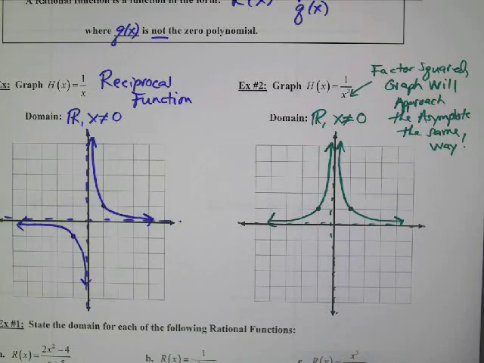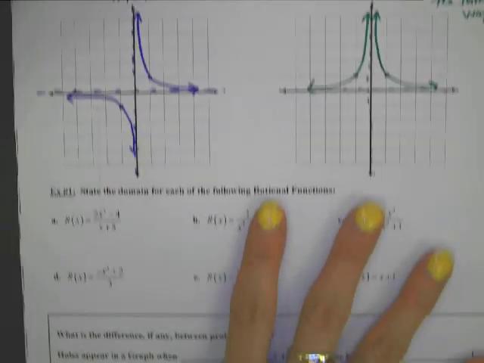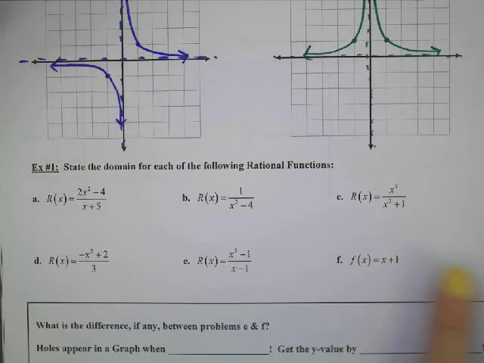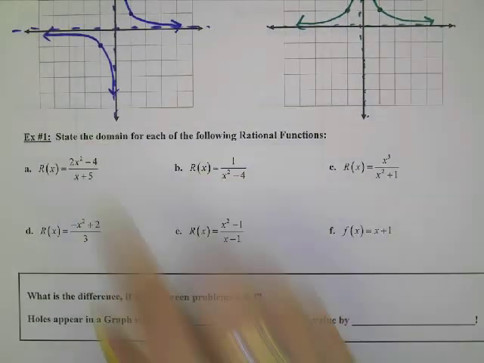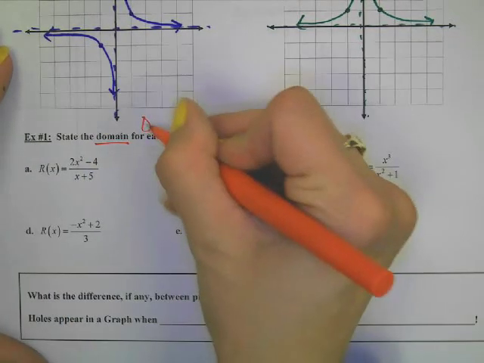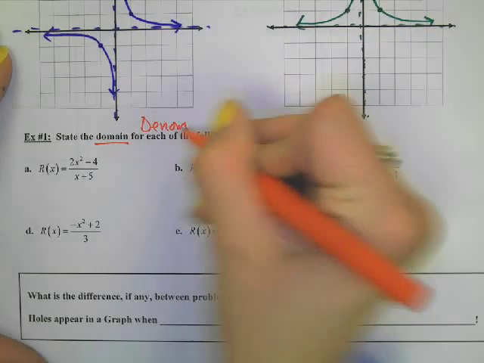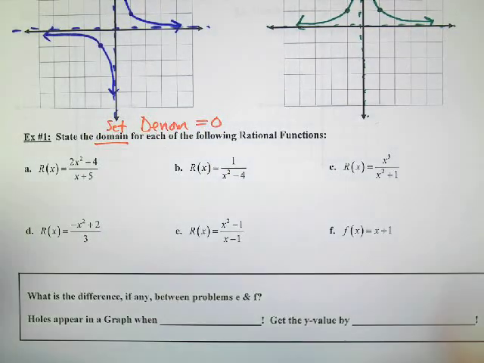Okay, so to do this section appropriately, we're going to have to really start looking at the domains. All of the rational functions that we study have denominators. So let's look in these denominators. Domain comes from the denominator, and what you do is you set the denominator equal to 0 to solve for the domain.